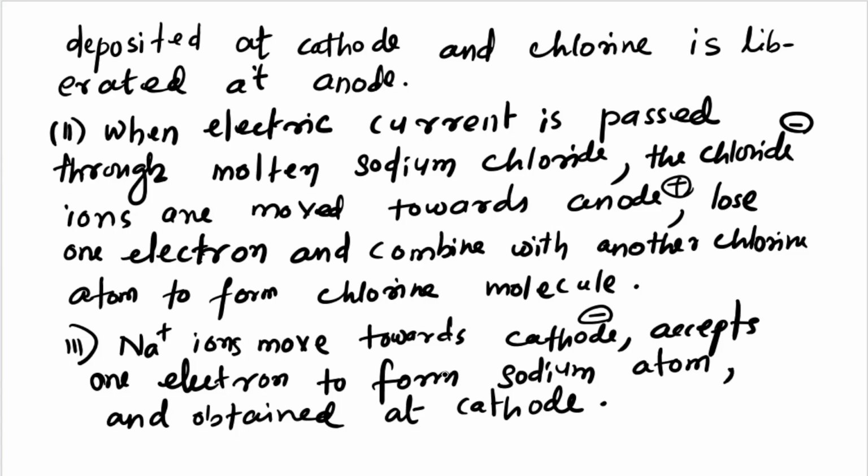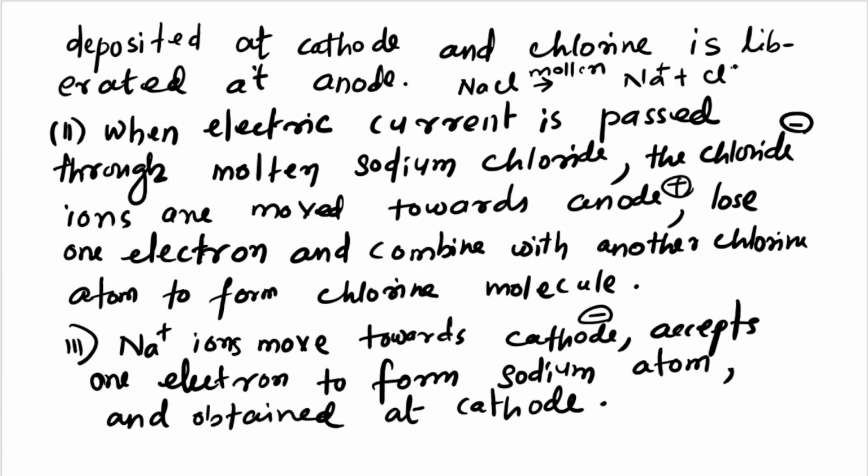So NaCl in the molten state changes to Na+ and Cl-.